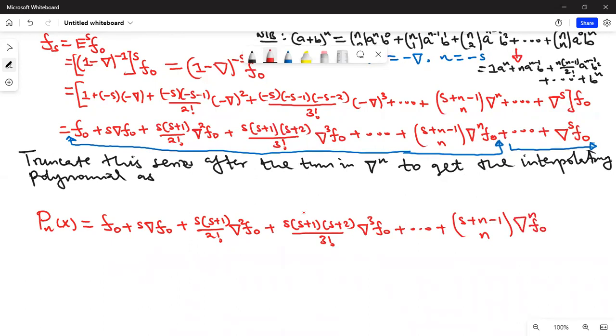So this is our polynomial that is used to approximate f of x.